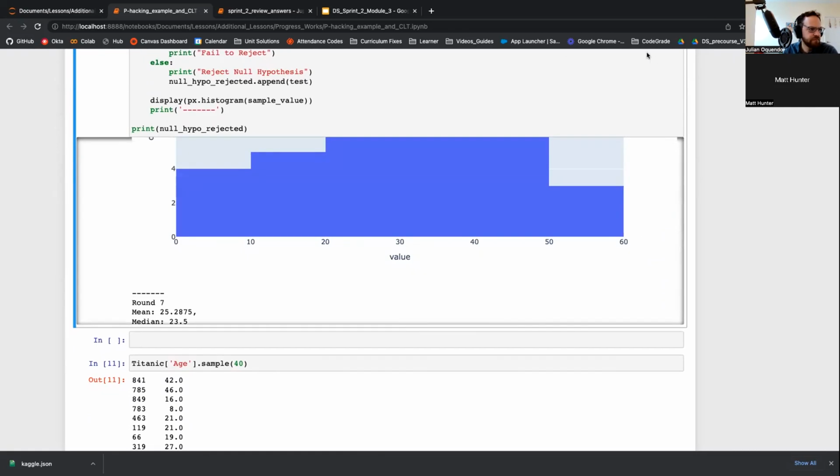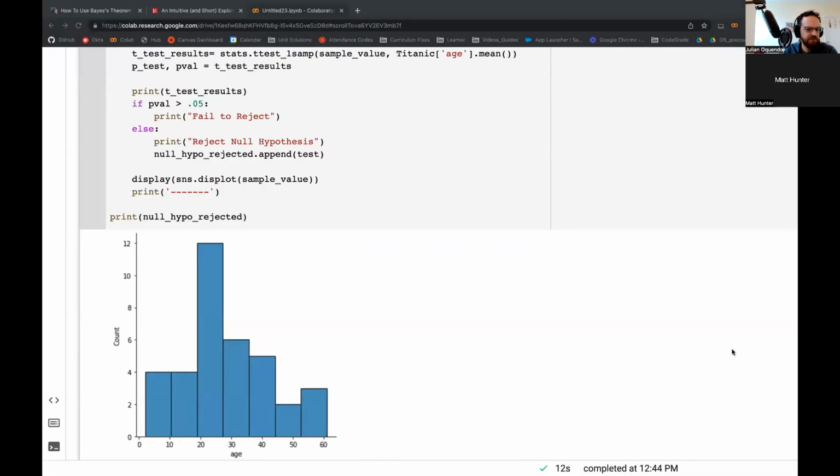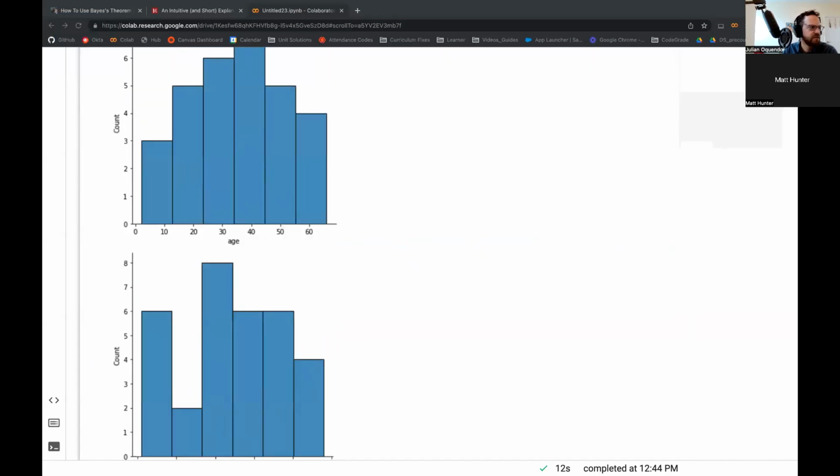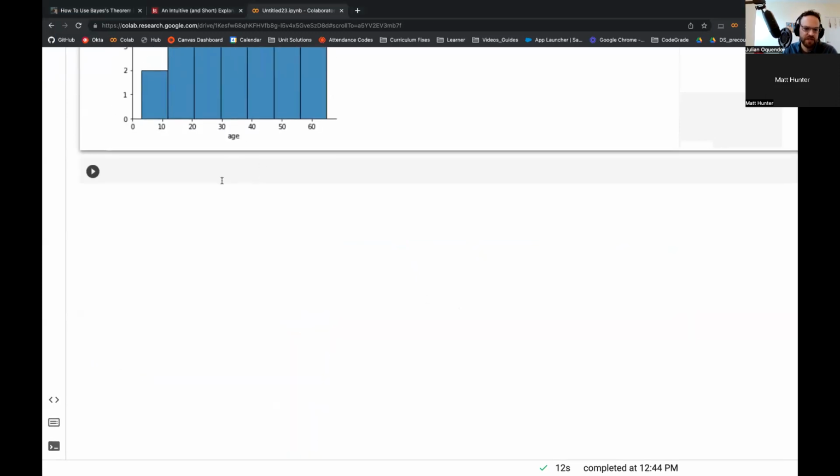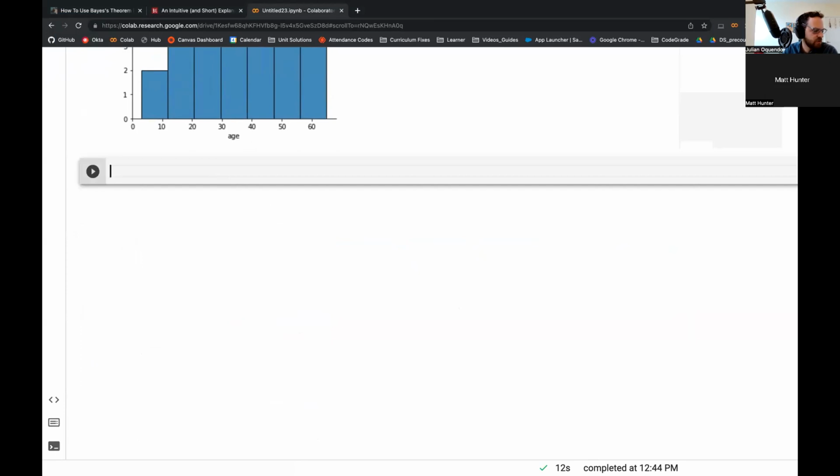Okay. Let me go back to the notebook itself. Let's share another example of this here. The next step is understanding how the two-tailed distribution works, or the two-test distribution works.